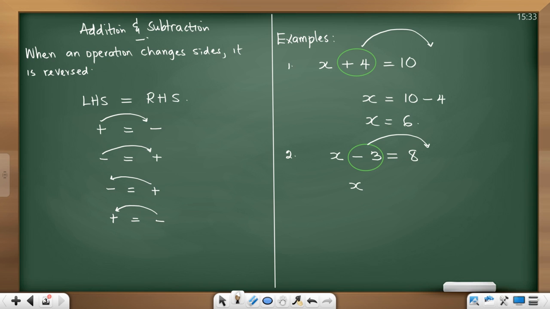What are we going to have? x equals 8. The subtraction crosses over and becomes what? An addition. So what's our answer? 11. Simple. So do you see what we are solving for? We now have a value of the variable. First one, we have a value 6. Second one, our variable value is 11. I hope it makes sense.